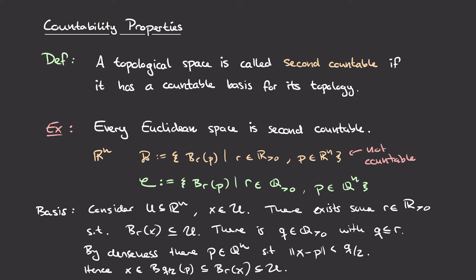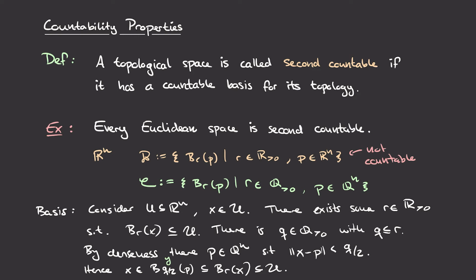So the fact that x lies within this open ball of radius q/2 around P follows just from this condition here. Next, suppose that we have some point y lying within this open ball of radius q/2 around P. Well, in that case, y will have a distance from P strictly less than q/2, but we also know that P has a distance from x strictly less than q/2.